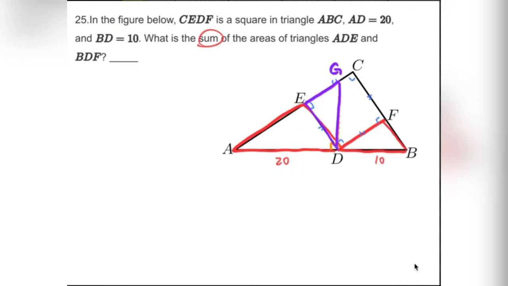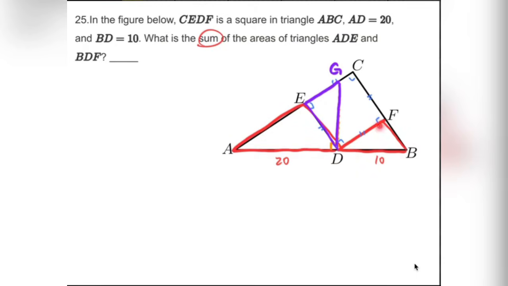And also the angles should be the same, because EDG plus GDF is 90 degrees, and GDF plus FDB is also 90 degrees. So these 2 small angles should be the same size, right?